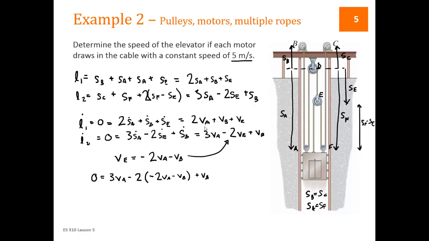Yep. Okay, so let's write these out. 3VA plus 4VA, plus 2VB plus VB gives us 7VA plus 3VB.